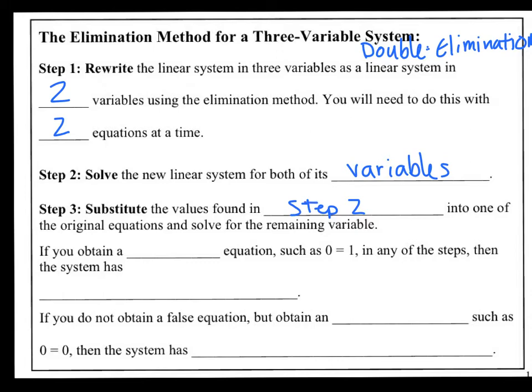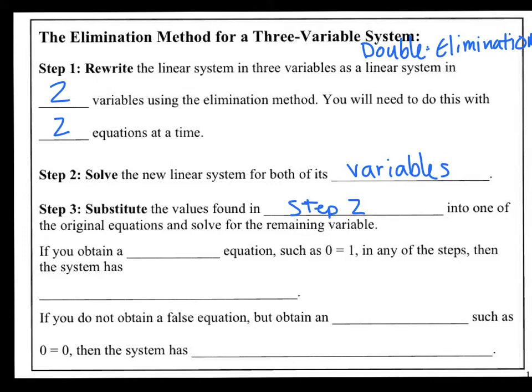So you'll end up creating 2 regular systems of equations, eliminating one of the 3 variables, so you only have 2 to solve for. Solve for those 2 variables, then plug both of them back into one of the original equations to solve for that 3rd variable that you originally eliminated.